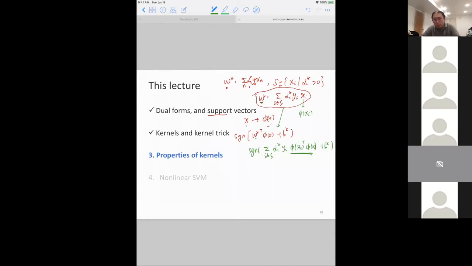In many machine learning applications, we found that only when you have an infinite dimensional feature space do you get enough expressiveness. That means you practically cannot even compute this infinite dimensional mapping. How can we do that? Right?